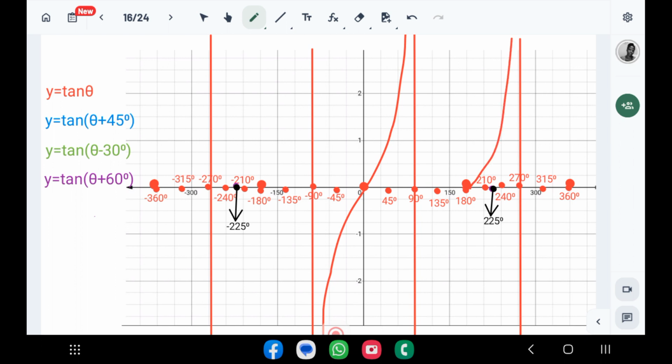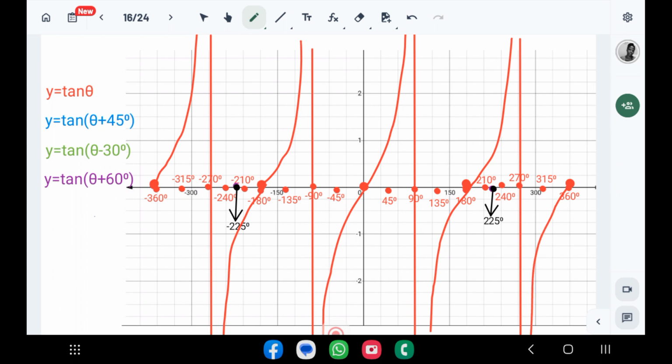Just duplicate it. Next branch, same story, starting from the x-intercept, moving out. Then on the last branches, this one will be up there, then this one will be down there. And we're done with the red graph.